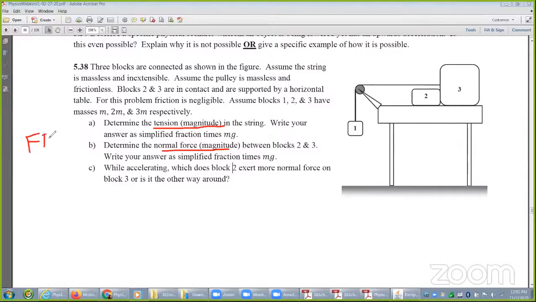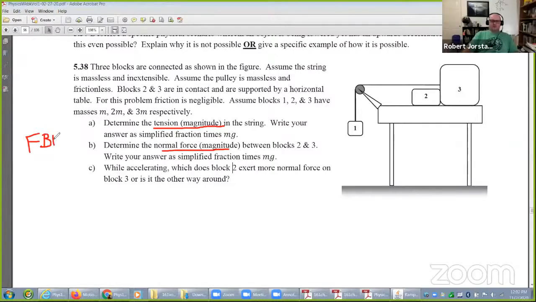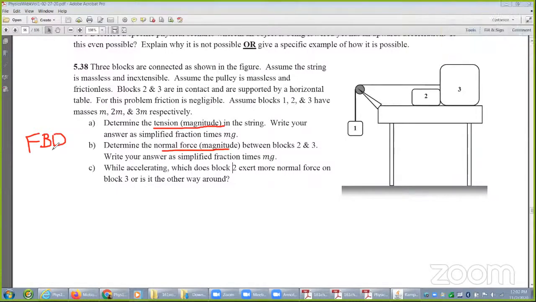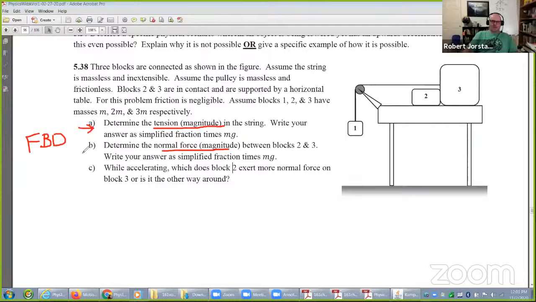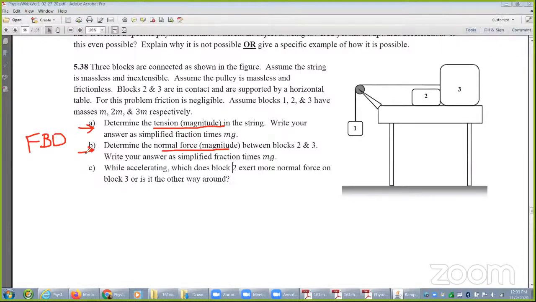Now, can you tell how many things are going to be unknown in this problem? Two. Parts A and B. Let me ask you something.